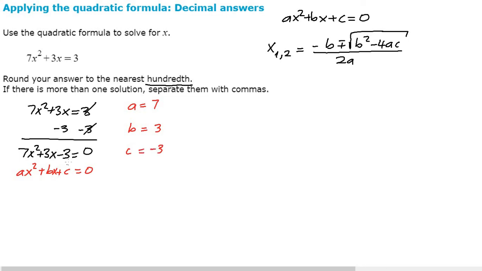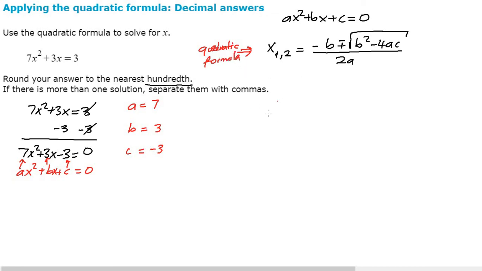We're finding the corresponding values right here. All we need to do now to solve for x is to use the quadratic formula. This is the quadratic formula.